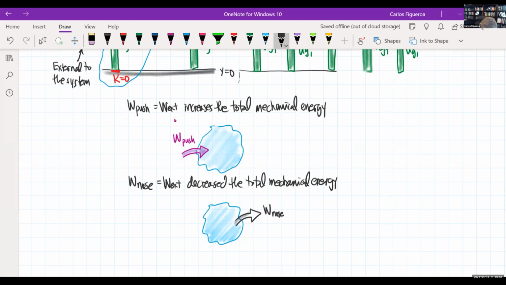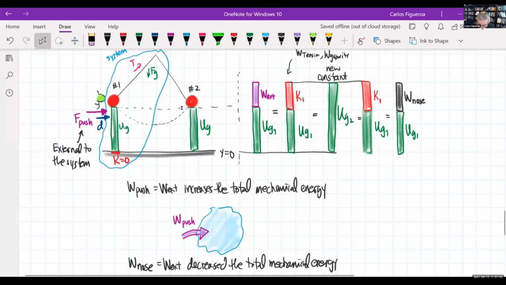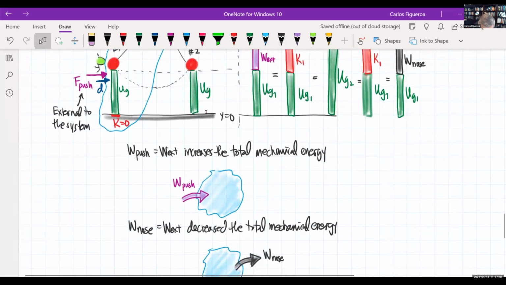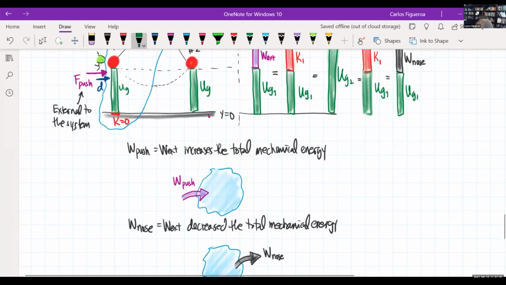So the question is, what do I mean by this? Well, look what happens. If you're looking at the bar diagram, I start off with this amount of kinetic energy, at point 1, I start off with that amount of potential energy. And then what happened? I did this amount of work that was the push. And you can clearly see that this increased the total energy of the system at that point.